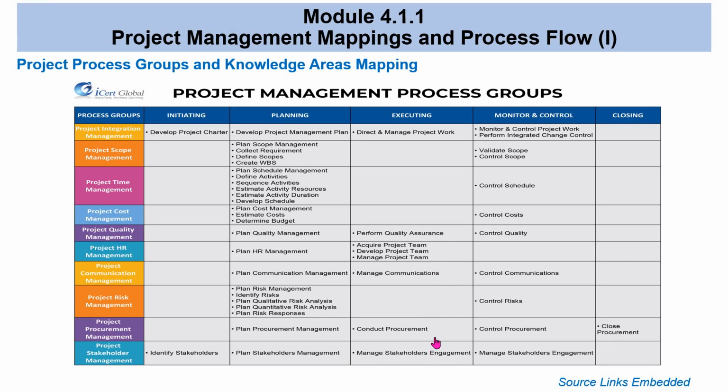And also manage communication as well as conduct procurement and manage stakeholders, which are mapped to their various knowledge areas. In the same way, when you monitor and control, you monitor your project work and control it and perform integrated changes from change requests on integration level, as well as monitor and control the scope, validate them for the scope management area, and also do things like cost control, communications control for communication knowledge area, as well as procurement and stakeholder engagement.